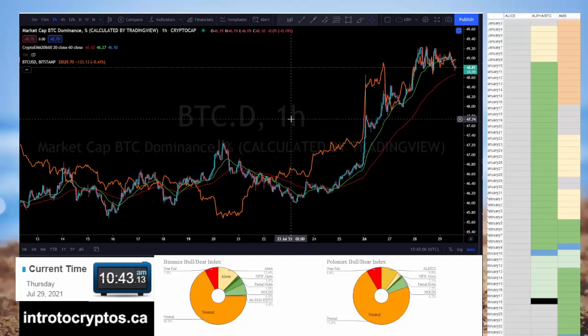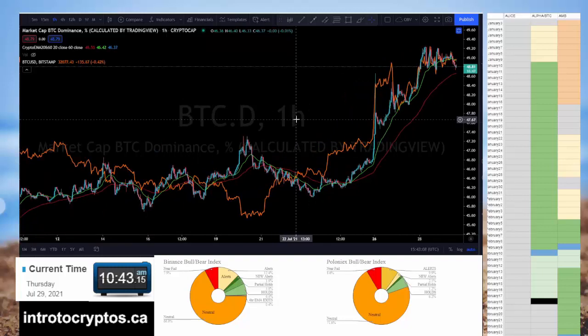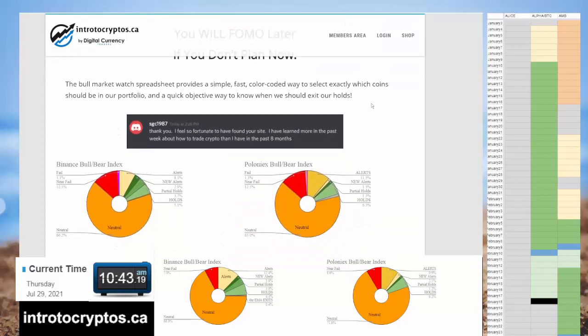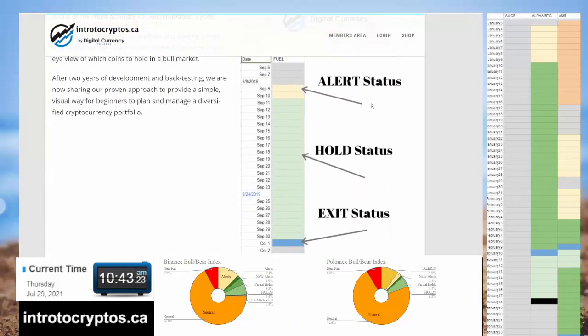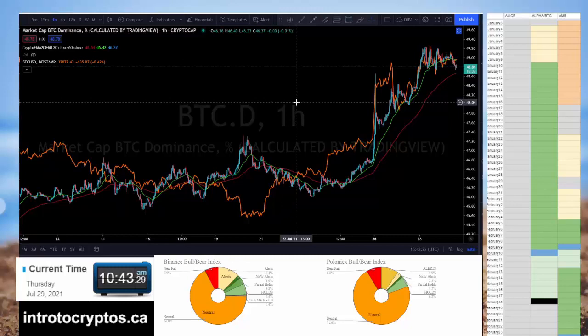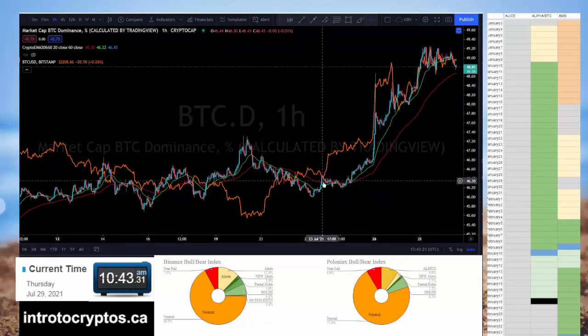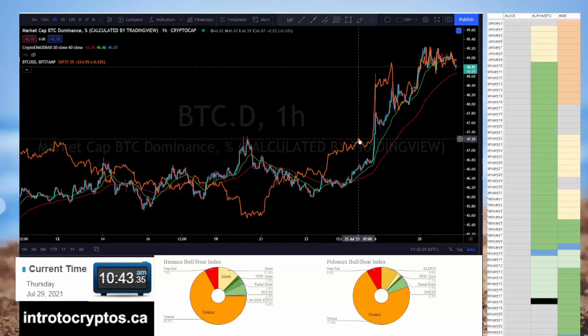Let's start off with explaining this chart that I have in front of us, and then I'm going to go through a bunch of different charts to show how the bull market watch works for trading cryptocurrencies. What I have here is the Bitcoin dominance chart in candles and the Bitcoin chart in the orange line.